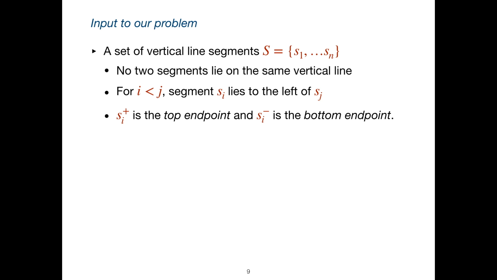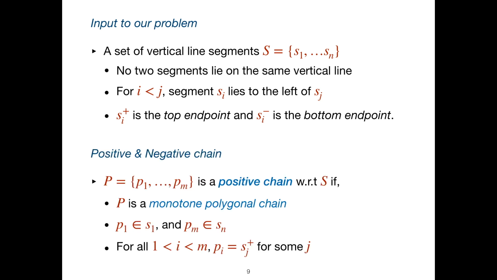A set P with endpoints is a positive chain with respect to S if P is a monotone polygonal chain. P1 is from the leftmost segment in S, and Pm is on the rightmost segment in S. And all points other than P1 and Pm are the top endpoint of some segment Sj.